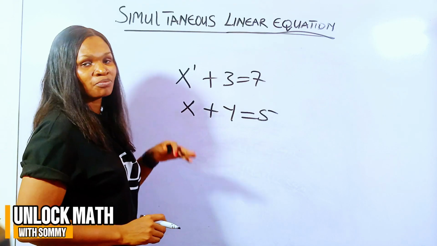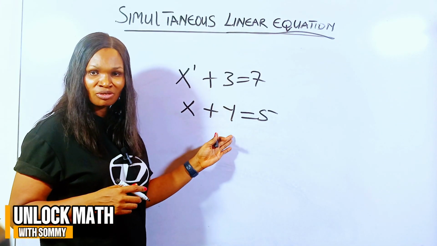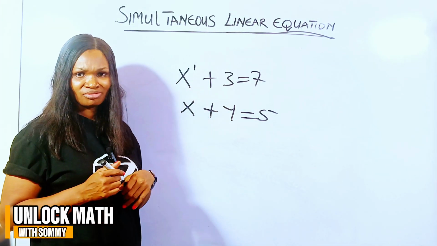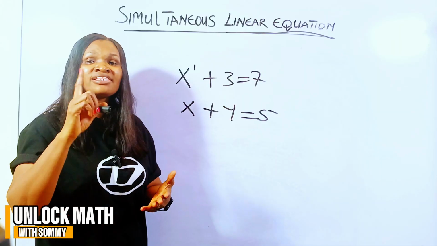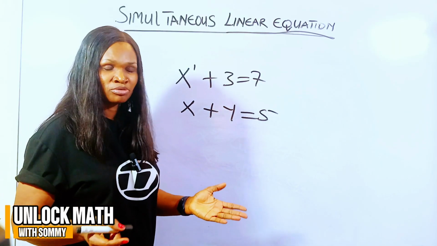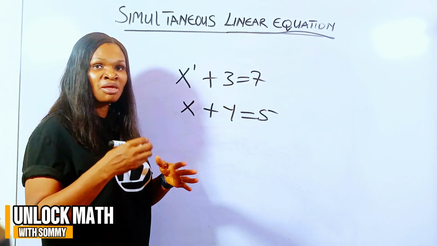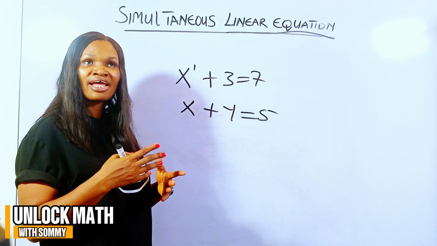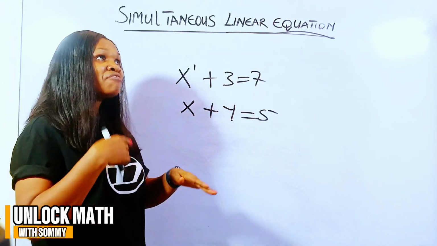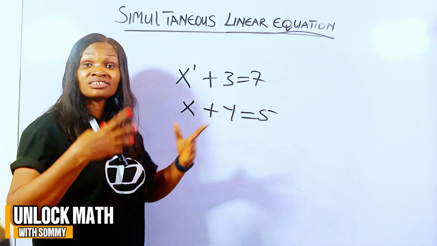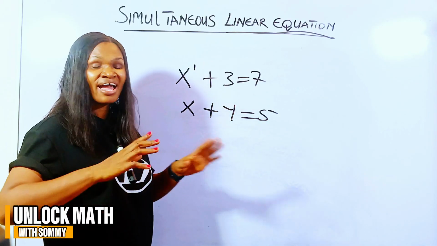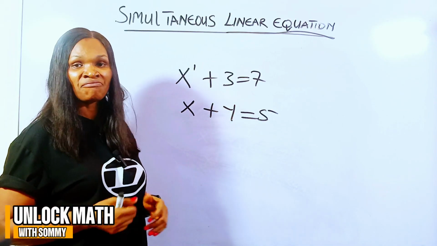If you look at this, this is also a linear equation, but it has two variables. A linear equation can have either one variable or two variables. If you have two linear equations, you'll be having two different variables. If it is three linear equations, you can have three or more variables. At the lowest, there should be two different variables.